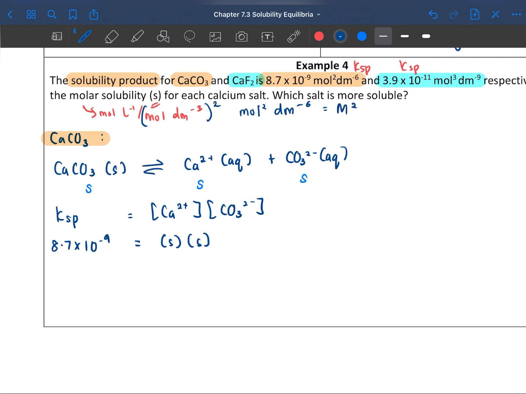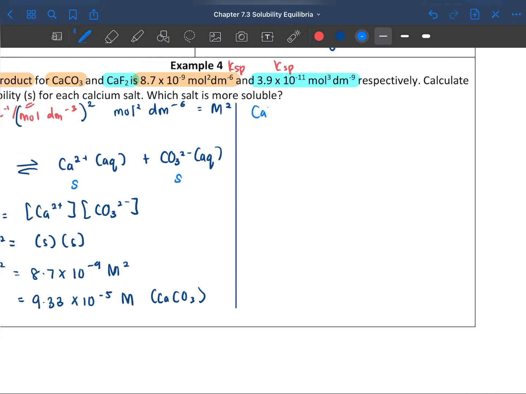Square root your answer, then you should get 9.33 exponent negative 5 molar. That is solubility untuk CaCO3.